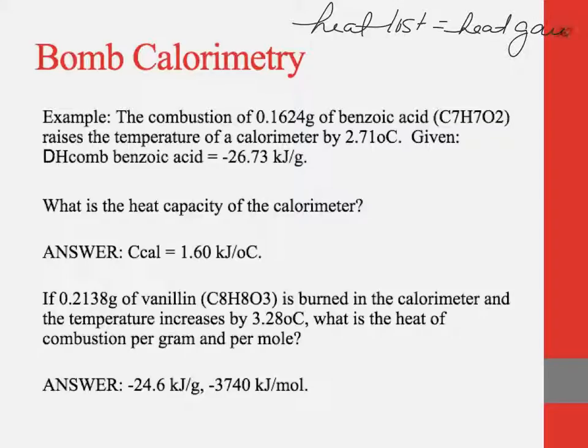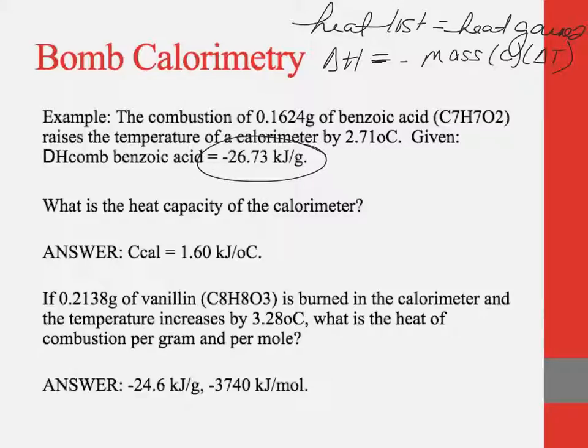We also need to remember that our delta H is going to be equal to negative, well, it's usually negative mass times C times delta T. However, they already gave us the heat of combustion here. So they already gave us this part, which is what we were figuring out before.